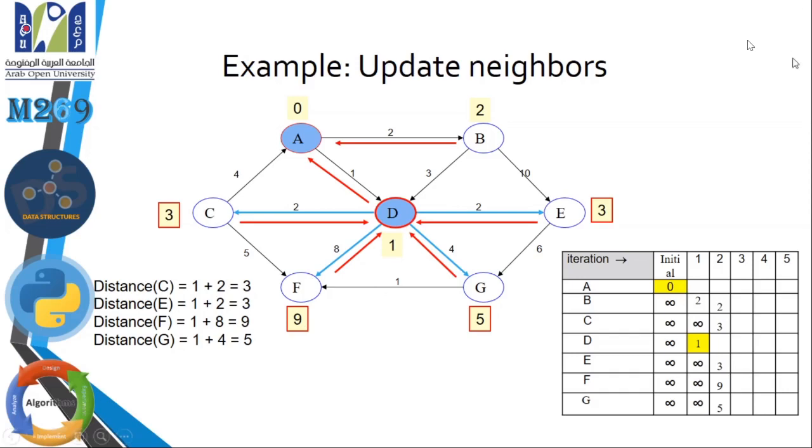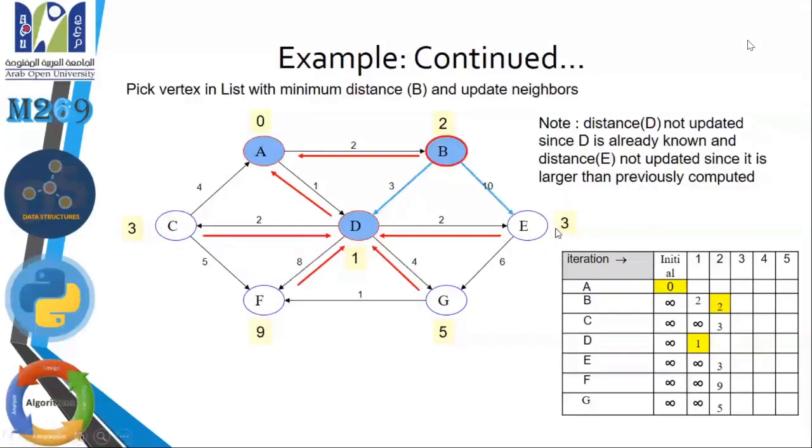What is next? We have here 3, we have 9, we have 5. So we have 3 and 3. We can select any one of them. I will select that one. So now, if we select the next one, what will happen here? We have E. So where can I go from E?